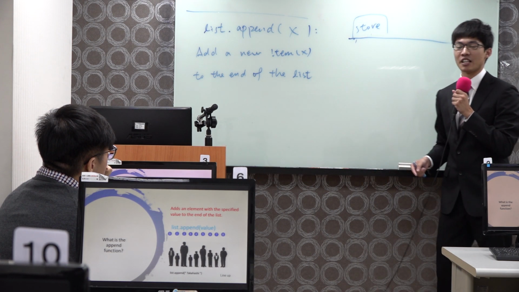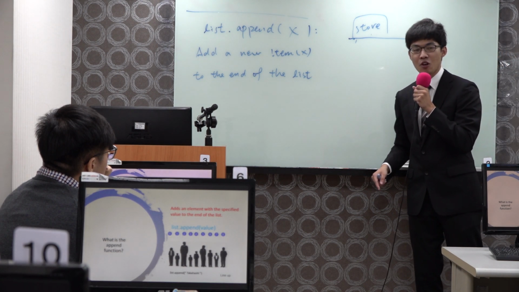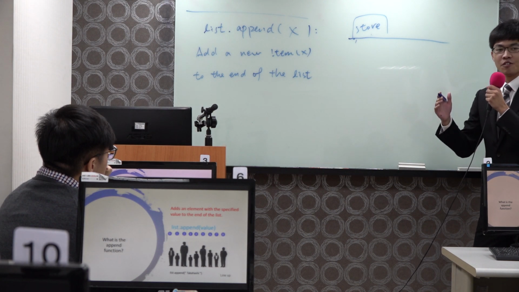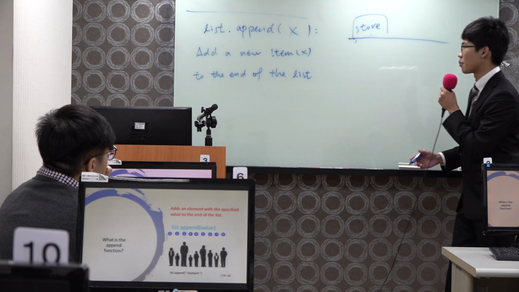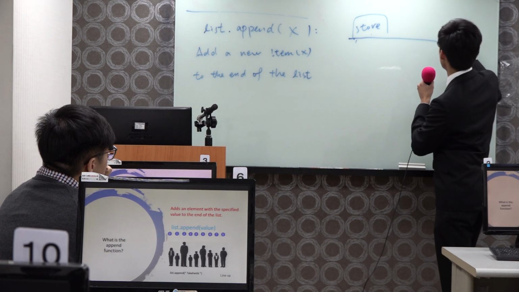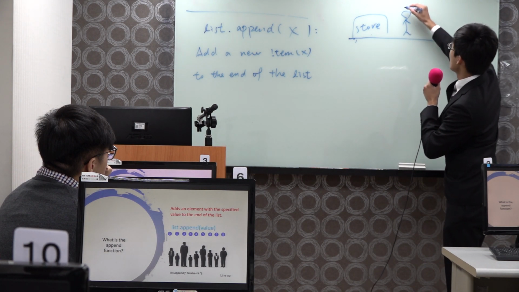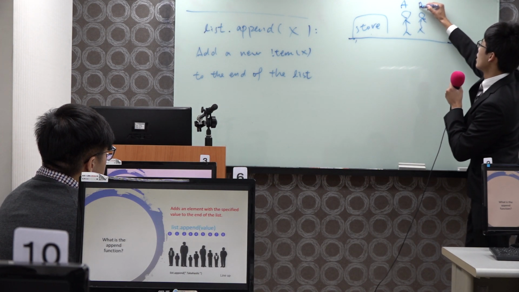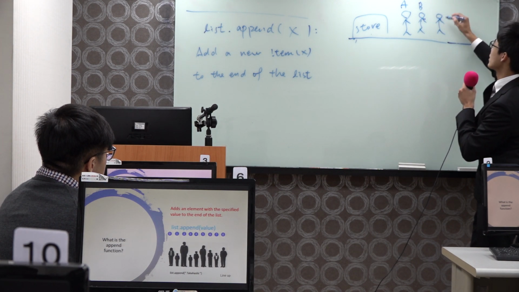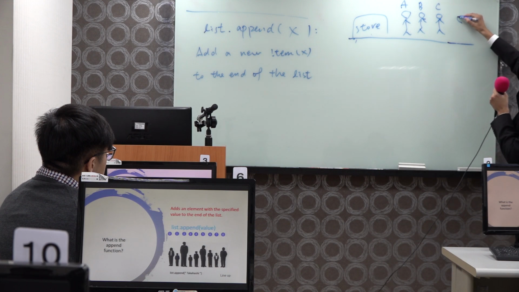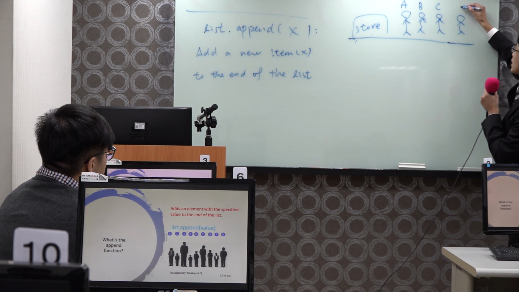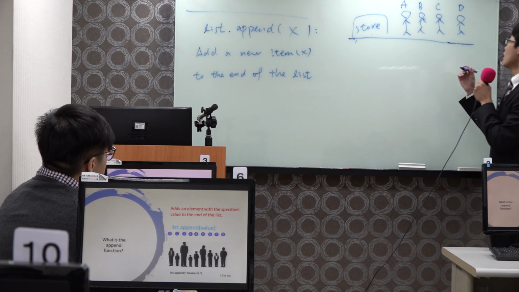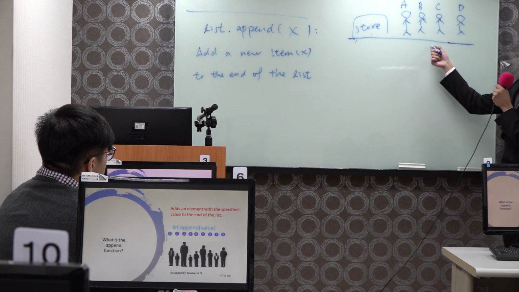But you have to follow my rule. What kind of rule? The rule is you have to line up, one after one, then enter my shop. So the person that comes here stands first, as A, and the next person stands behind A, as B, and the next person stands behind B, as C. So now we can see that the function append is just like this situation.